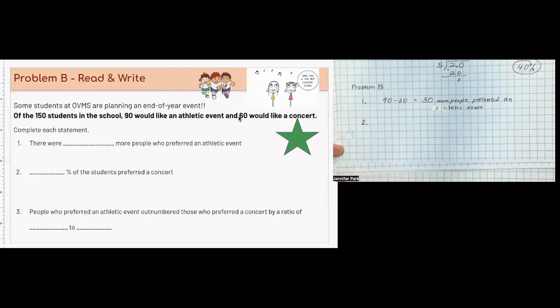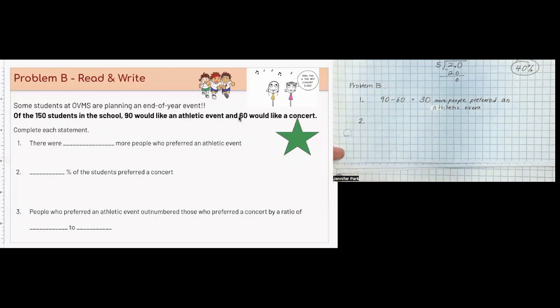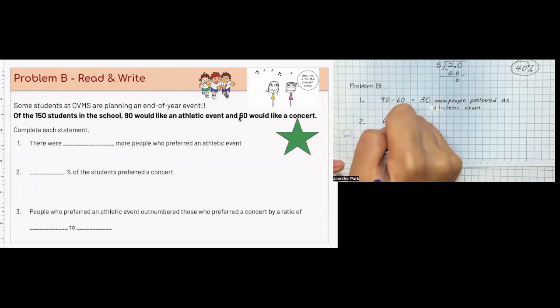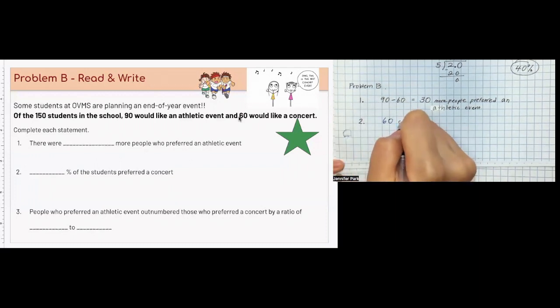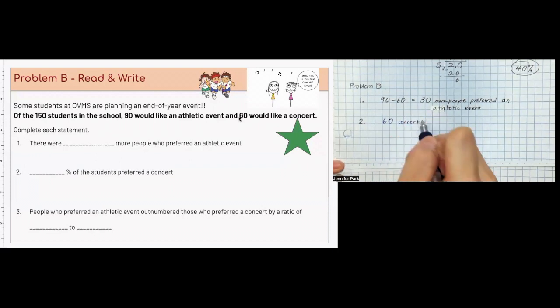Certain percentage of students preferred a concert. So what percentage of the students prefer the concert? Well, let's first of all look at how many students preferred, right? So 60 students preferred concert. Okay, now 60 out of what?